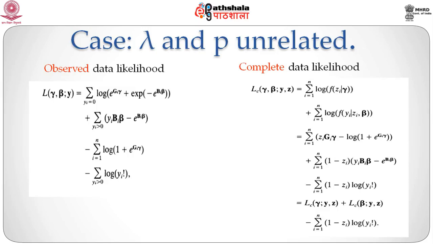So this is equal to assuming that we have observed another covariate Zi, which is equal to 1 when Yi is from the perfect zero state, and Zi equal to 0 when it is from the Poisson state. So if we had information on Zi, the likelihood would be given by what has been termed the complete data likelihood, and this is given on the right panel on this slide.